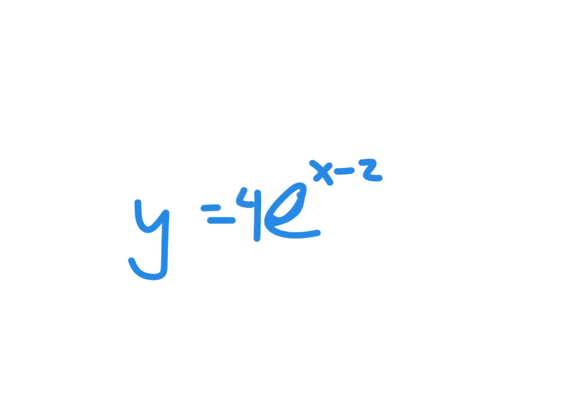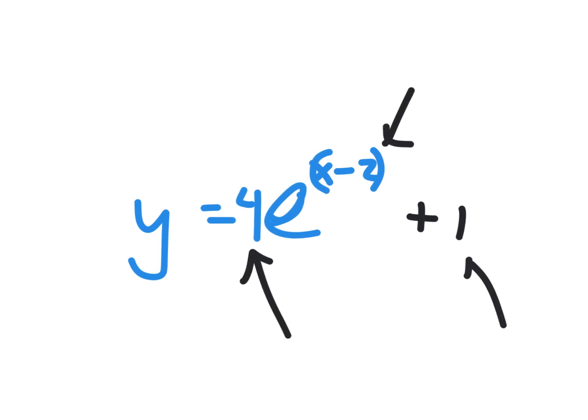Okay, so can you tell me, if I give you this equation, 4e to the x minus 2 plus 1, you should be able to tell me what that, and that do. It moves the graph this way, stretches it that way, and then moves it this other way.